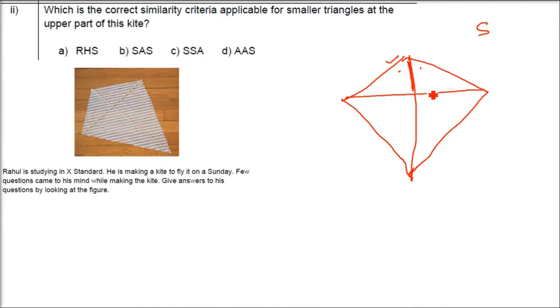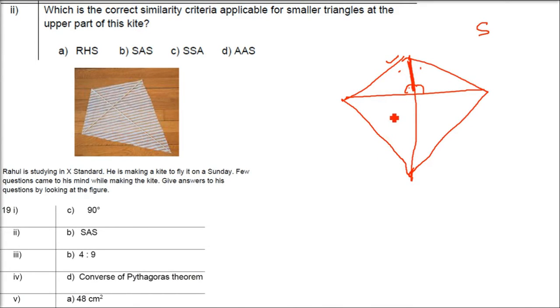You have this 90 degrees already, and you have this side, and one more side, because by symmetry the base is going to be the same for the smaller triangles. So side angle side is best.